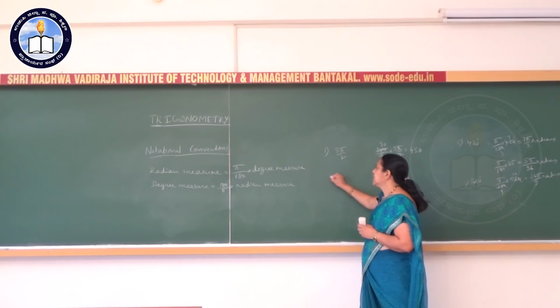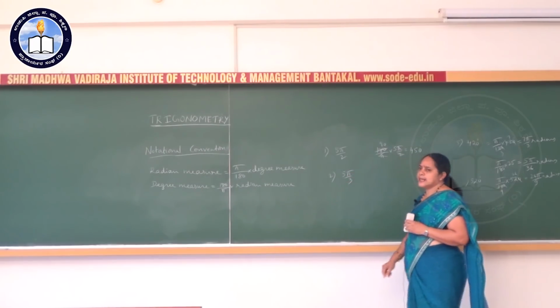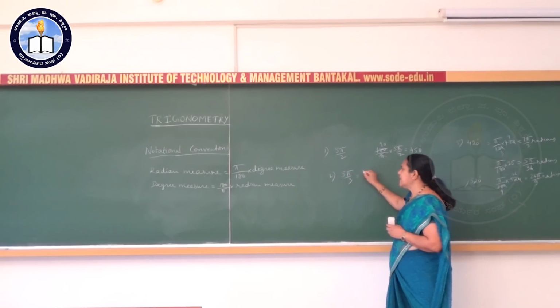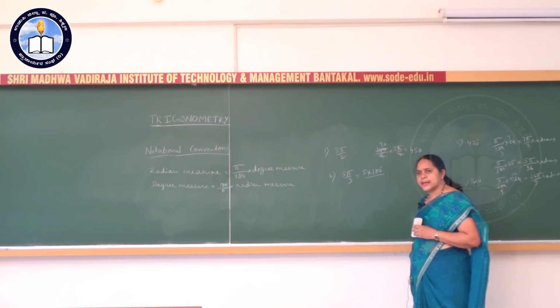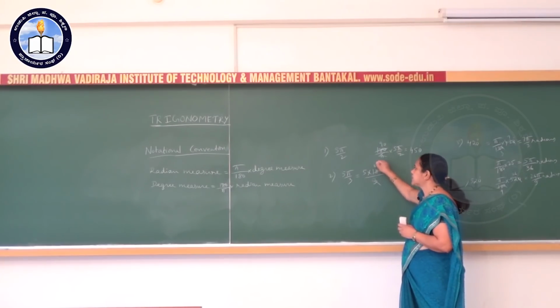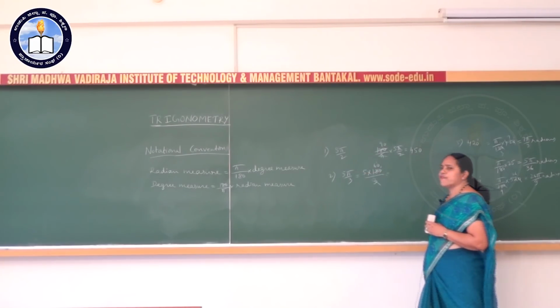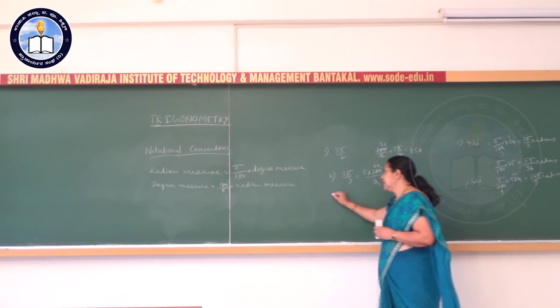Or 5 pi by 3 in degrees: 5 into, we know pi radians is equal to 180 degrees, divided by 3, 3 ones are 3, 60s are 60, into 5, that's equal to 300 degrees.